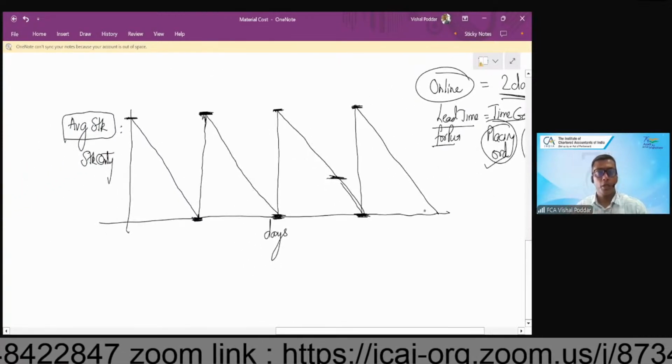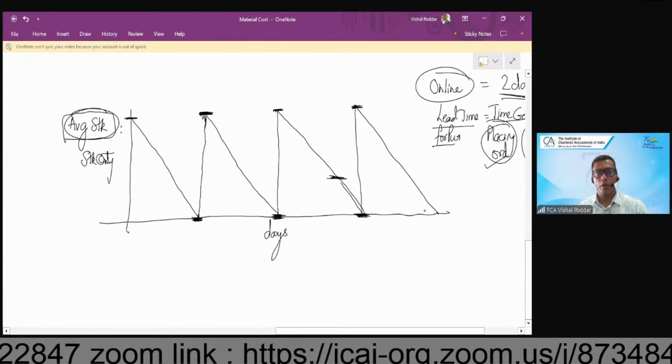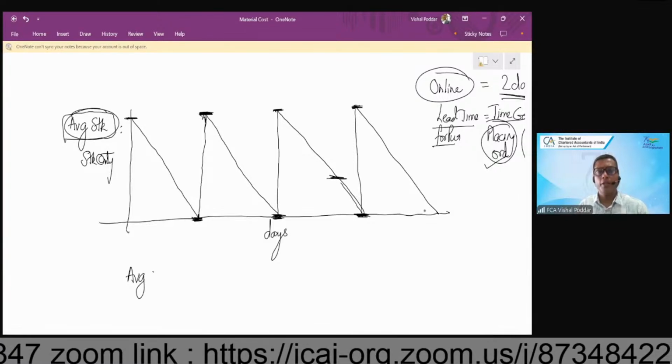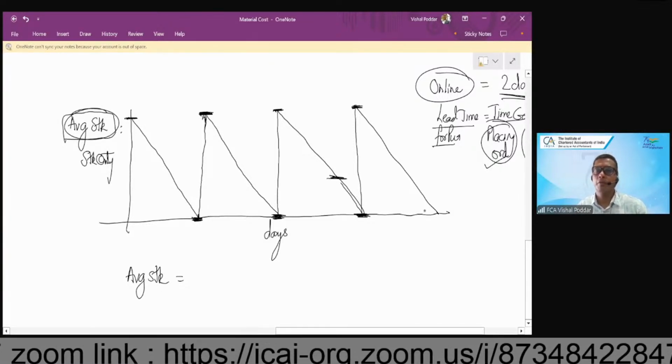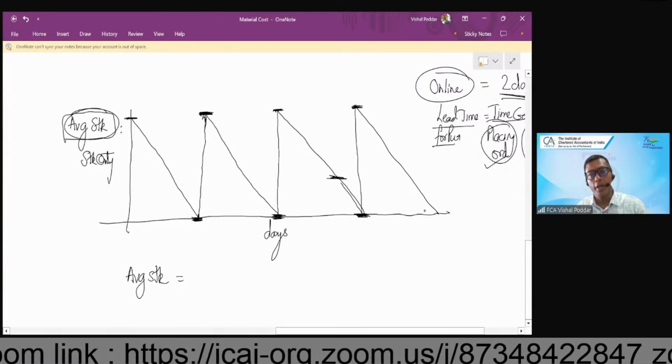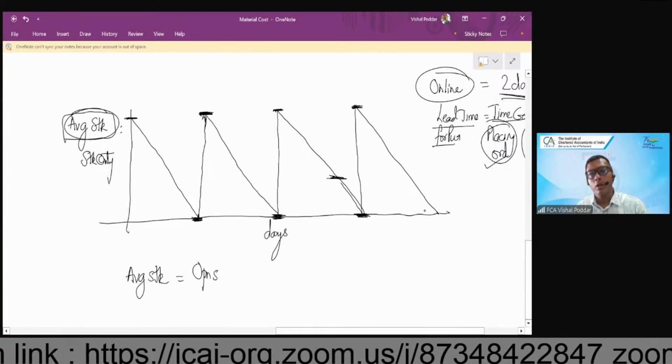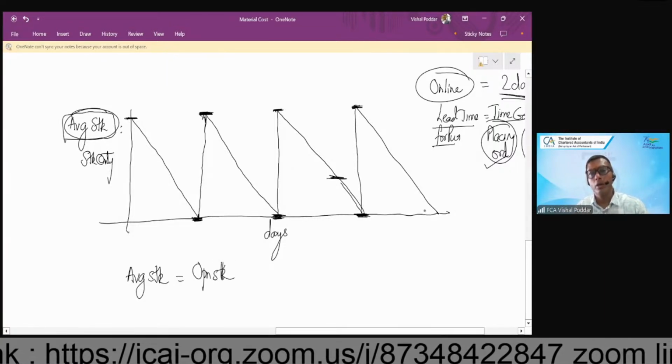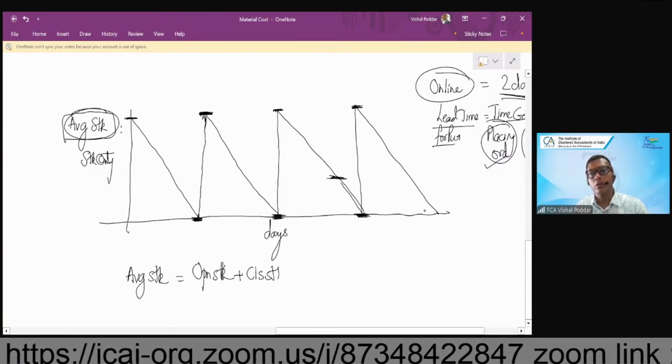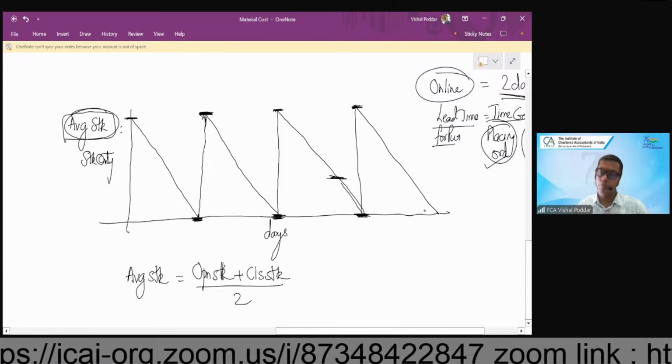I've answered this question. Now, how do I find out my average stock? Please pay attention. For average stock, one simple formula which you have studied even in maths from your childhood days is opening stock plus closing stock upon 2.